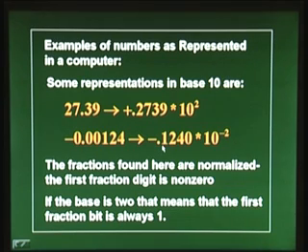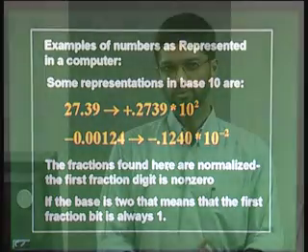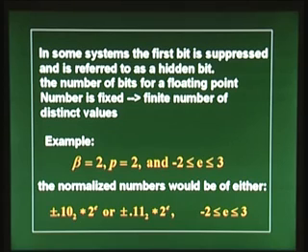So we don't need to store it, and that bit can be used for something else. That's the interesting aspect. Because this first bit of the mantissa is always 1, we don't store it. In most machines this bit is suppressed, and as I said, we can use that memory space for something else.